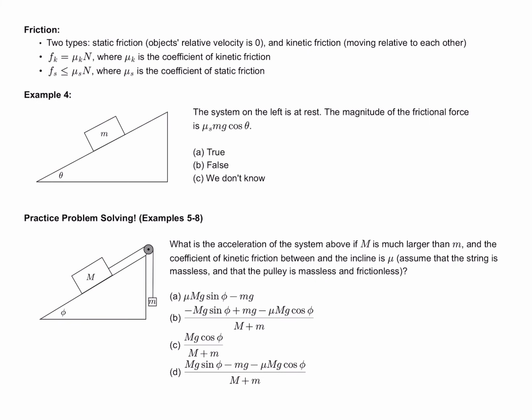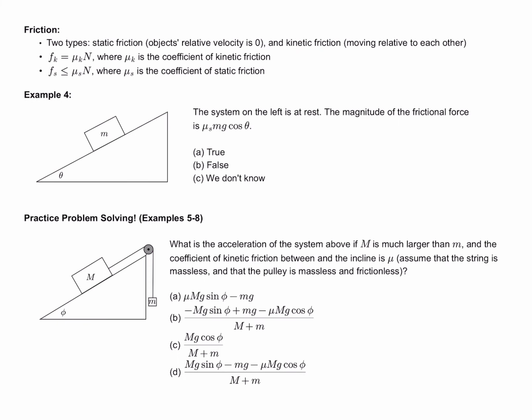Static friction is a little bit more confusing. The force of static friction is less than or equal to mu s times N. That means the maximum static friction is the coefficient of static friction times the normal force, but it doesn't necessarily have to be that value. It could be less. The static friction only counteracts the force being applied, and it resists the motion.